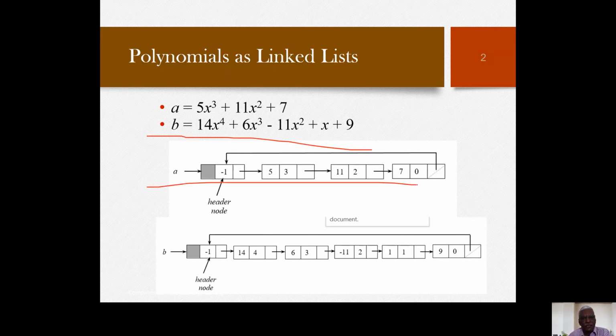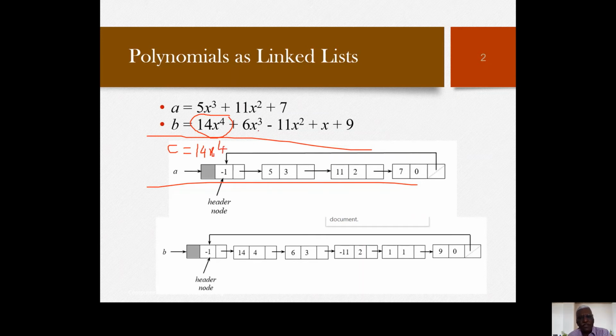We can add these two very easily by picking up the coefficients of the terms where the exponents are similar or same. For instance, I don't have the term corresponding to exponent 4 in A, so this will go directly to my C, assuming C is my final. So I get 14x power 4.